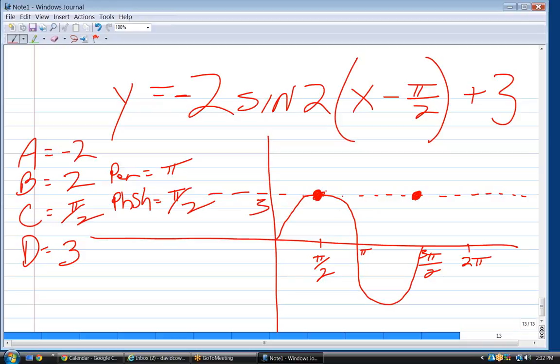So I'm going to start here, and I'm going to draw the sine curve. How high should I go? You should go to 5. Okay, good. And 1.